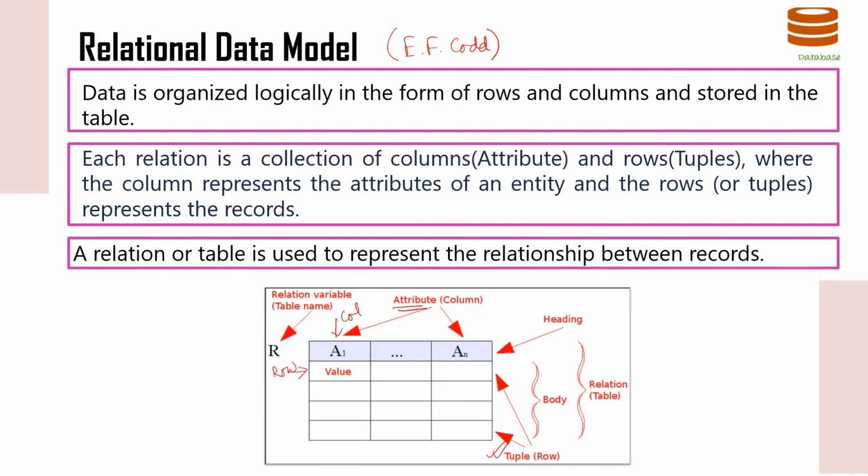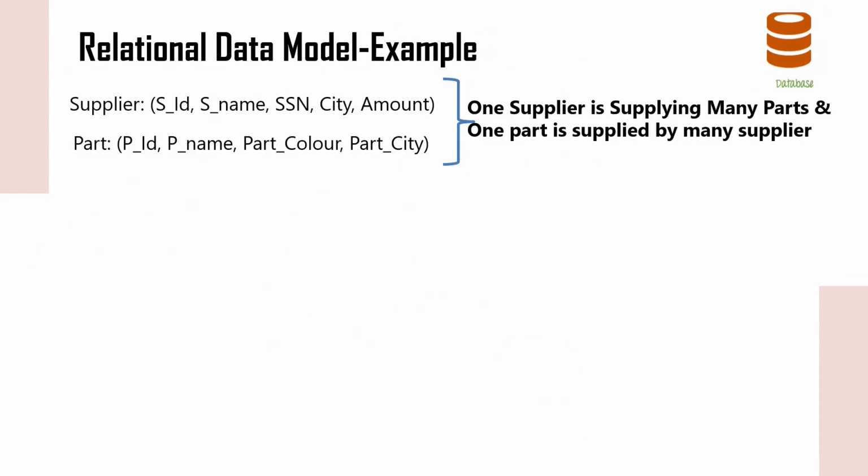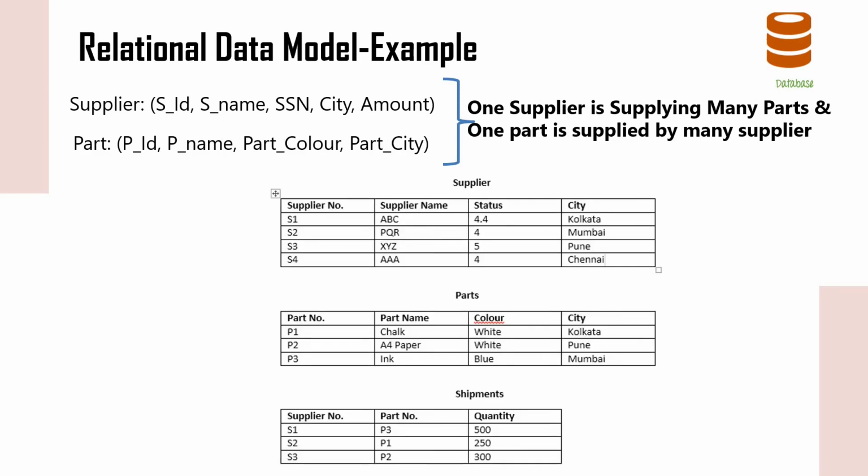Also remember, the most important thing is that a table or relation is also used to represent the relationship between records. Let's take again the same example where one supplier is supplying many parts and one part is supplied by many suppliers. We are implementing this in a table structure.